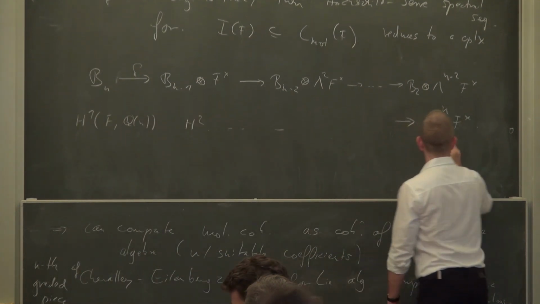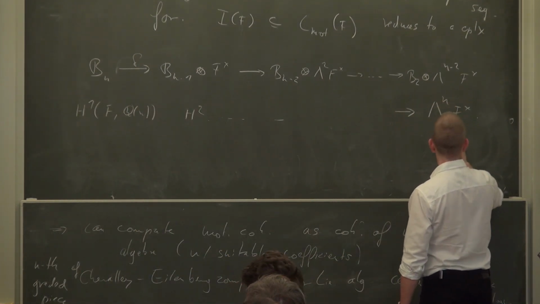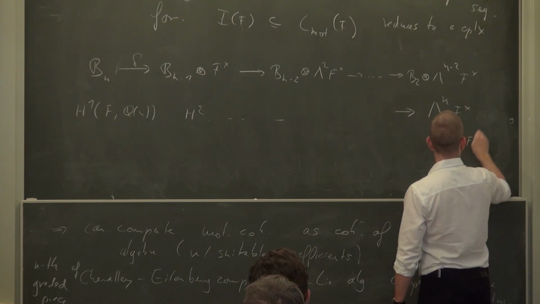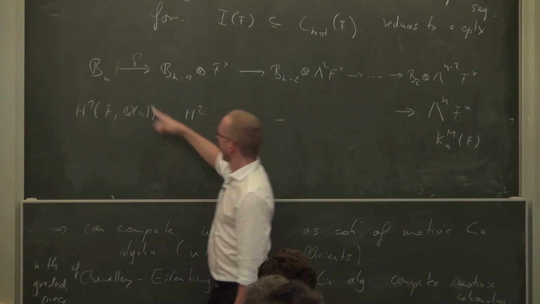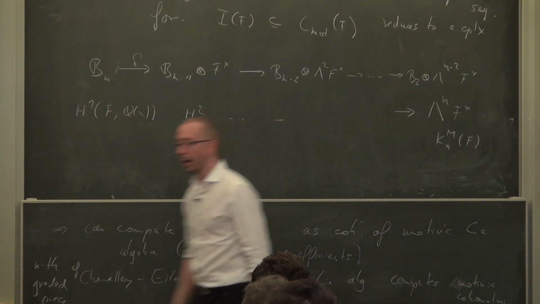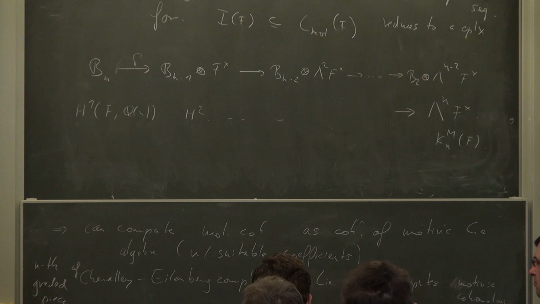In the end here, and I guess this is something that may actually be possible to show, you would get Milnor K theory, and here you would get the nth graded piece of K_{2n-1}. You can also make specific statements about what the differentials look like, but I'll not do that now.